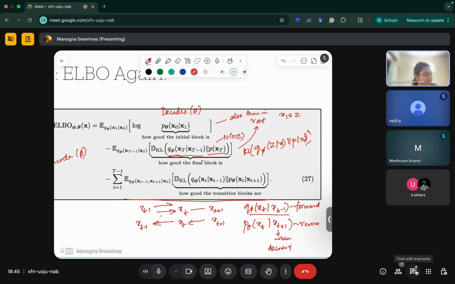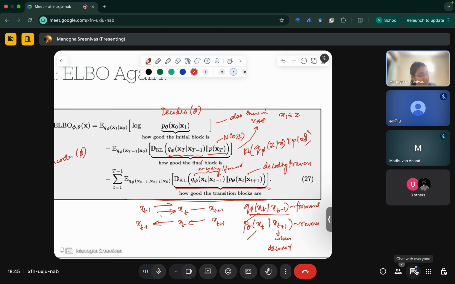Both of these, this xt and this xt, should be the same, right? If I'm taking the same real image this way and this way, both of them should be the same. So that is why there is this KL divergence term that models xt. This is the encoding part, the forward process, and this is the decoding or reverse process.